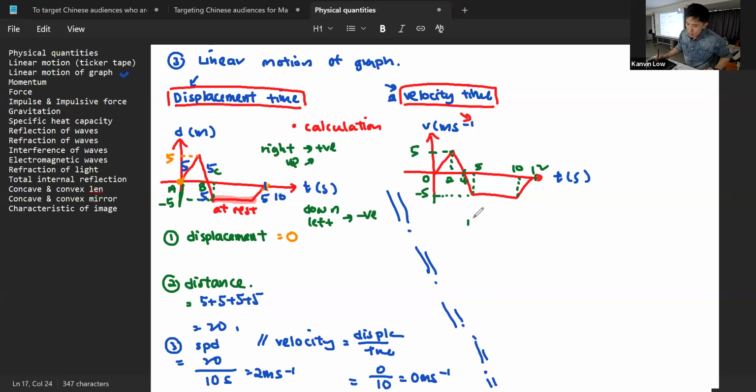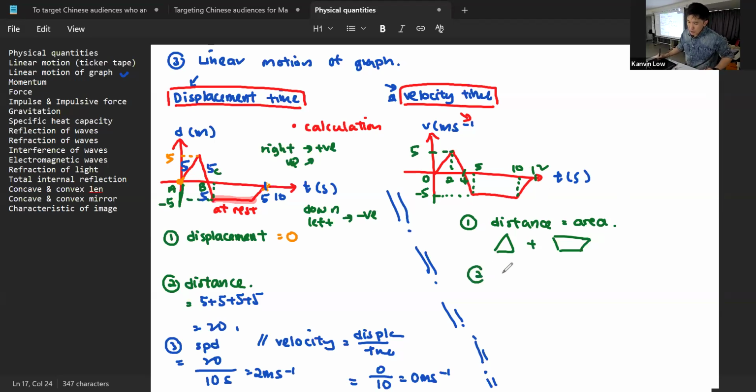Okay, so first of all, everyone, if they ask you, what is the distance for this question? How do you do it? You need to find the area. It's the same as mathematics. So for this distance, you have to find the area of the triangle, and then you plus the other side, which is the trapezium. Okay?